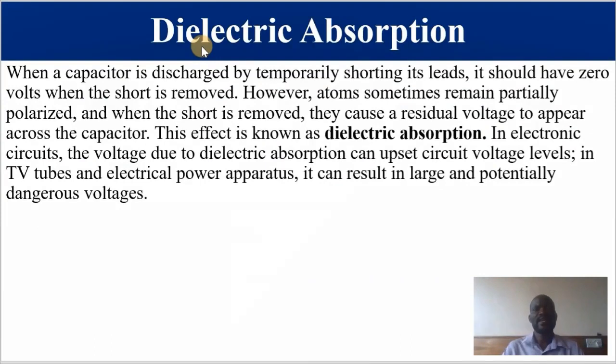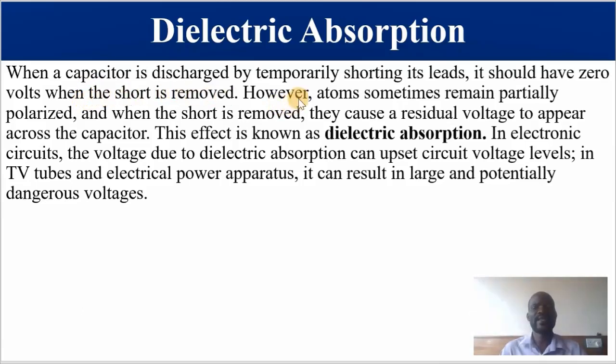This is the last slide on capacitors, and guys, we are done, and we are finishing by looking at dielectric absorption. What is dielectric absorption? We are saying when a capacitor is discharged by shorting the two plates or the conductors, it should have 0 volts when we remove the short circuit.